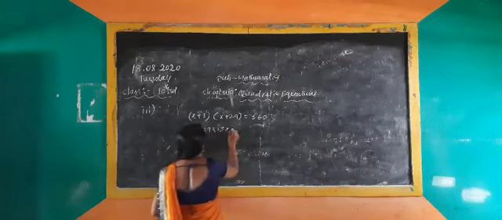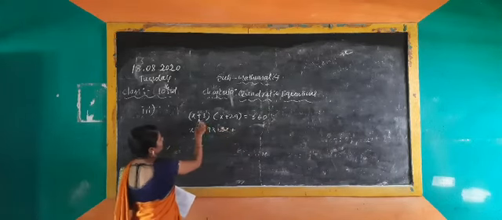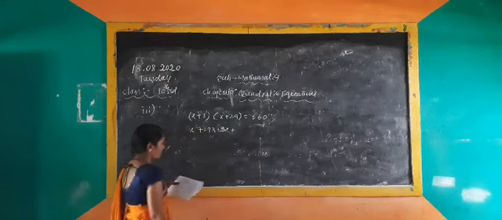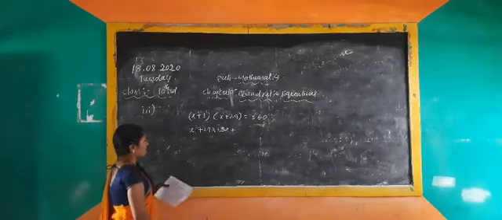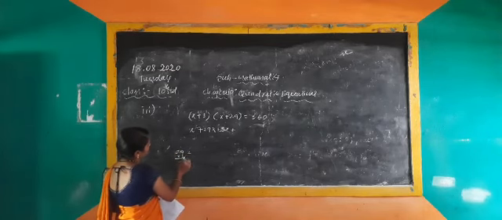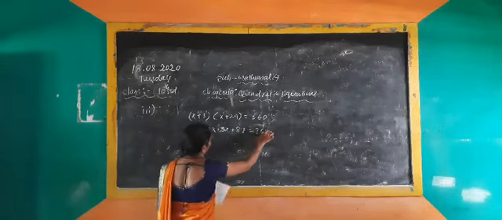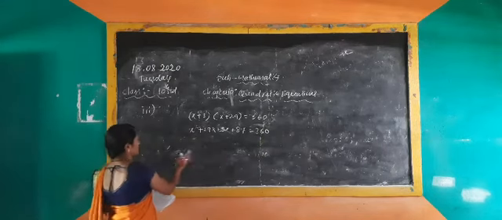Okay, next 3 into x, 3x plus 29 into 3. How much is 29 into 3? It should be 87. So 87 plus 87 is equal to 360.